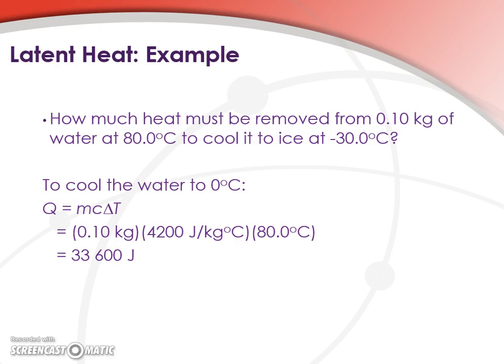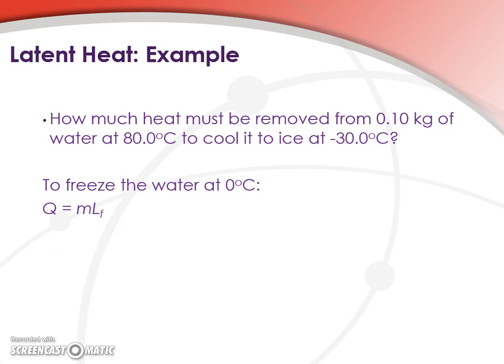So we find that it's 3.36 times, sig fig error there. So call that 3.4 times 10 to the 4. So this gives us the heat required for step 1.